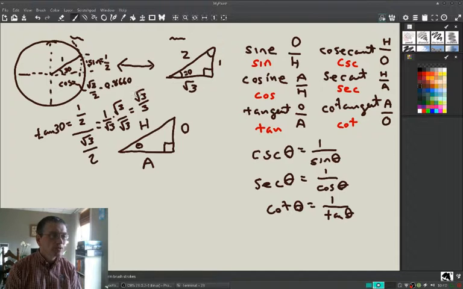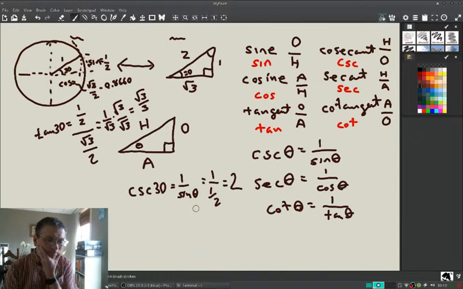So let's just do this for 30 degrees. What is cosecant of 30 degrees? It's going to be 1 over sine of 30. And sine of 30 is 1/2, so it's 1 over 1/2, which equals 2.